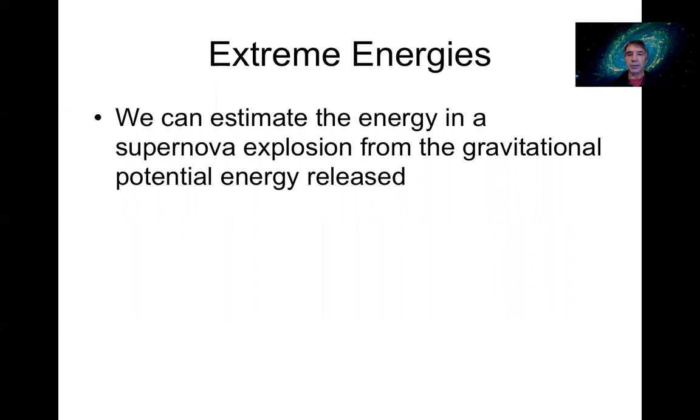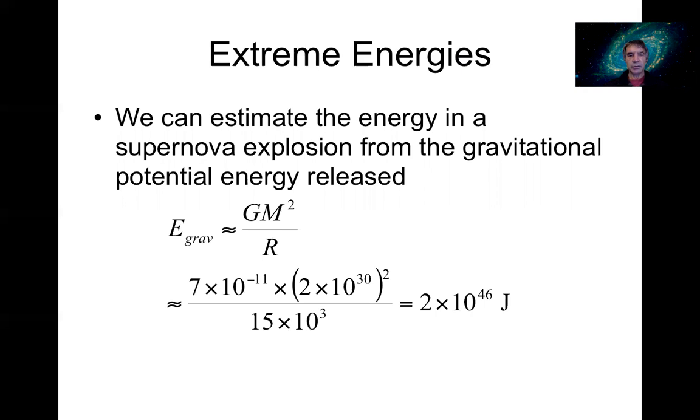So if we assume that a lot of mass is collapsing down to the size of, say, a neutron star, I'll just quote the size of a neutron star to you, which is about 15 kilometers across. A neutron star, or the event horizon of a black hole, actually, it doesn't make much difference.